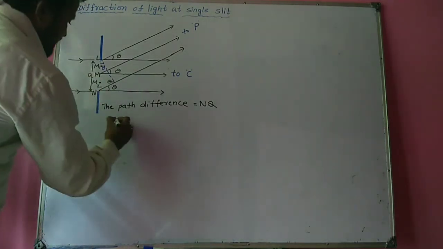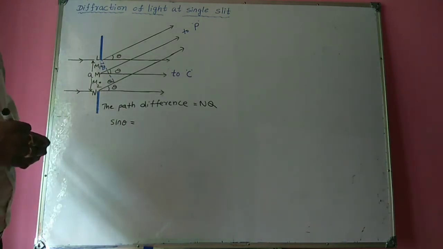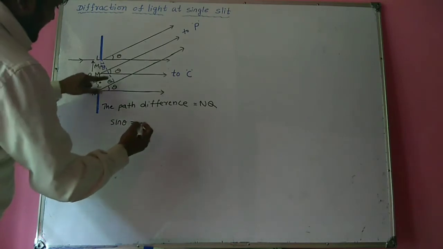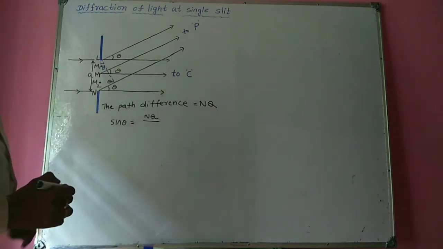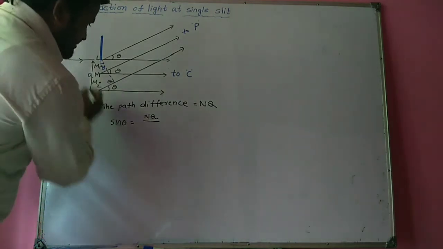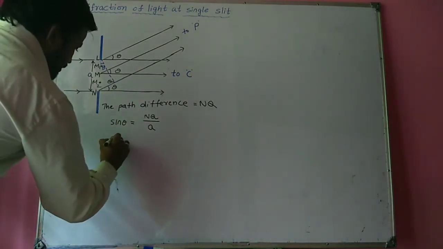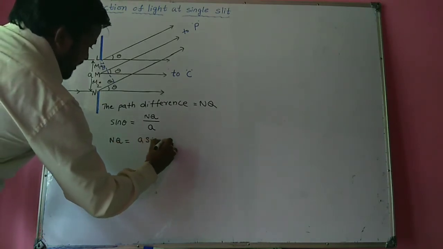Now let us consider sine theta. The formula of sine theta is opposite side by hypotenuse. The opposite side for this theta is NQ, that is the path difference, and the hypotenuse is A. So the path difference NQ is equal to A sine theta.